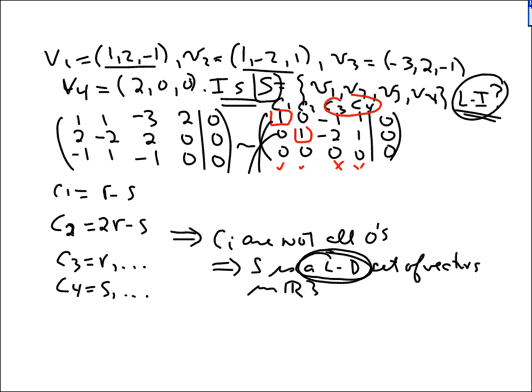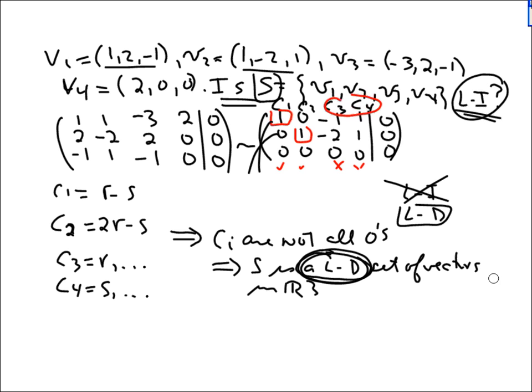If it's independent, it's not dependent. If it's not dependent, it's independent. They come hand in hand. You have two choices for S, and by saying it's linearly dependent, I'm saying it's not independent. If your teacher wants you to use the phrase linearly independent in your answer, you should say S is not a linearly independent set.